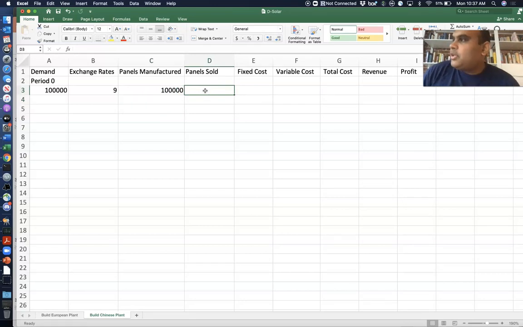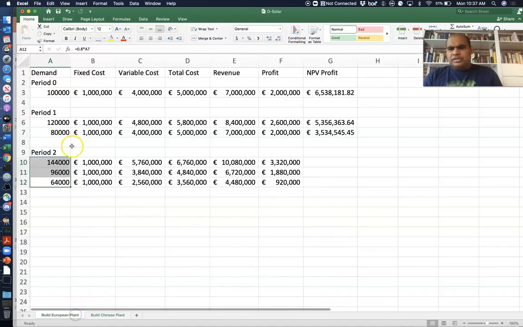So let's look at the number of panels that are sold. Now, again, what are the possibilities? Let's begin at the lower end. If demand is less than 100,000, you will make 100,000 panels, but you will only sell, let's say demand is 64,000. One of the options here is that demand will become 64,000.